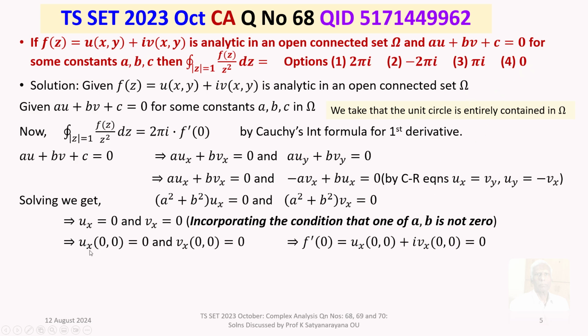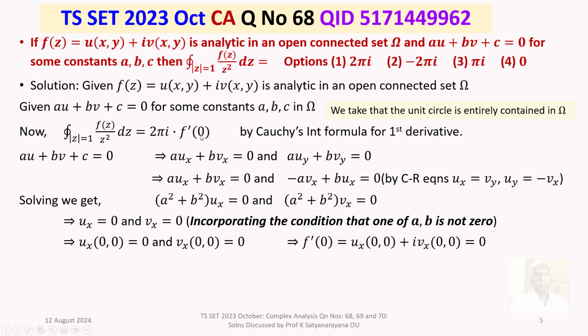So u_x at (0,0) is 0, for all points of omega, and v_x at (0,0) is 0. And what is f'(0)? f'(0) is u_x at (0,0) plus i v_x at (0,0).